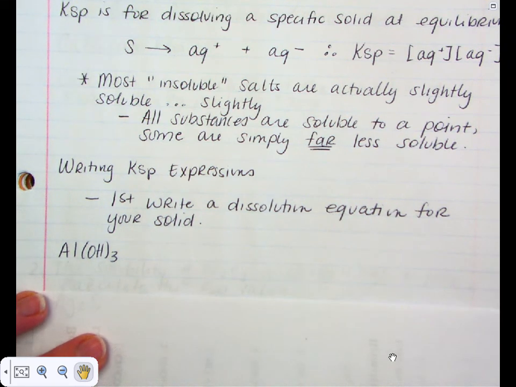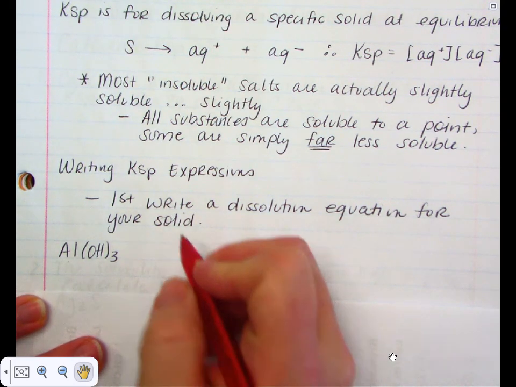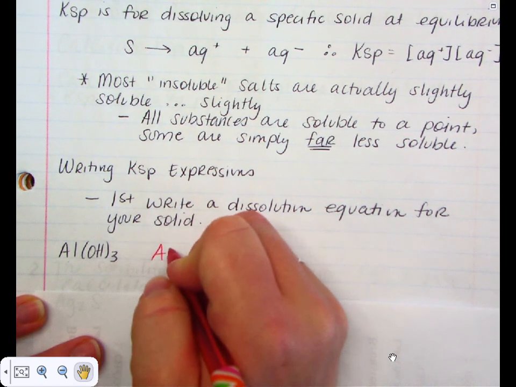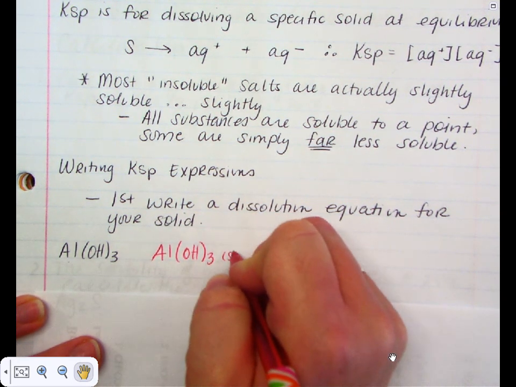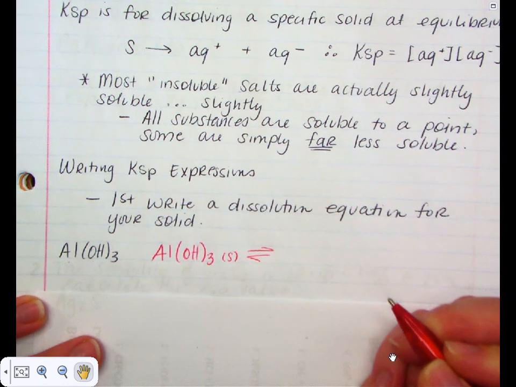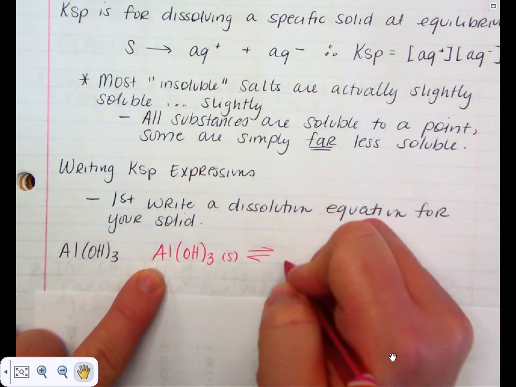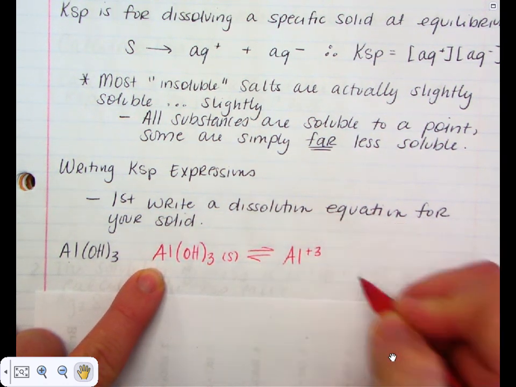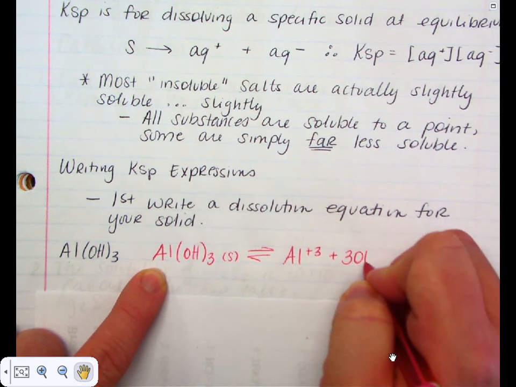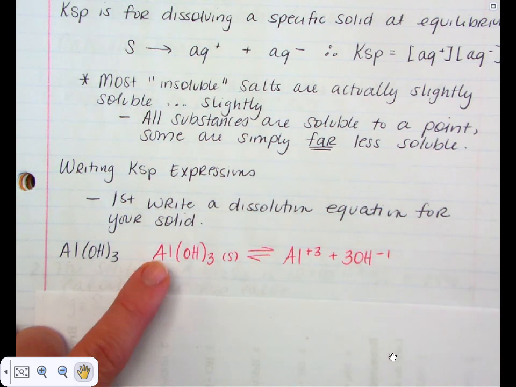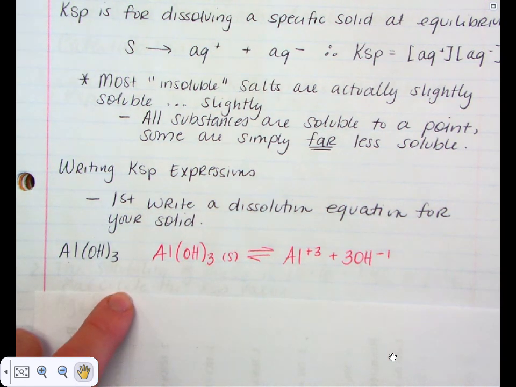So I have aluminum hydroxide. I'm going to write the dissolution equation for aluminum hydroxide. I'm going to start with aluminum hydroxide, which we know is a solid, and it's going to dissociate into its ions. We're going to have aluminum plus 3 as one of the ions, plus 3 OH minus 1 as the other ion. So there's our dissolution equation.